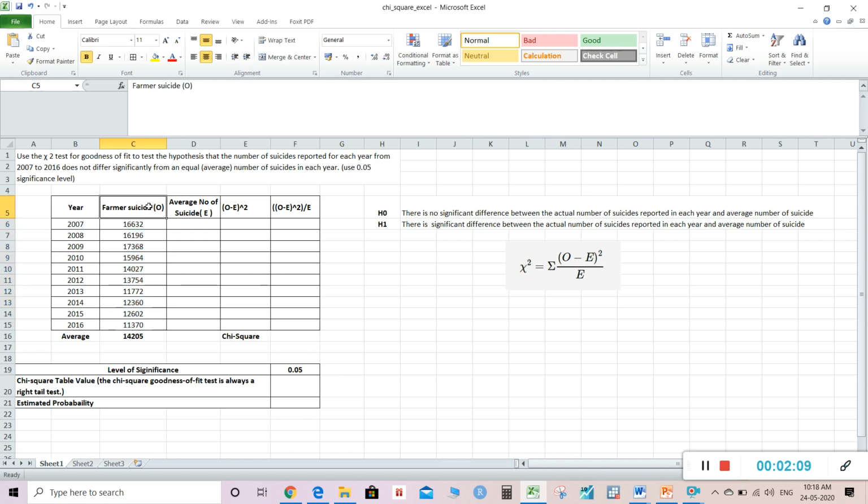This is nothing but your observed value, and what is your expected value here? Expected value is nothing but the average number of suicide, that is this value.